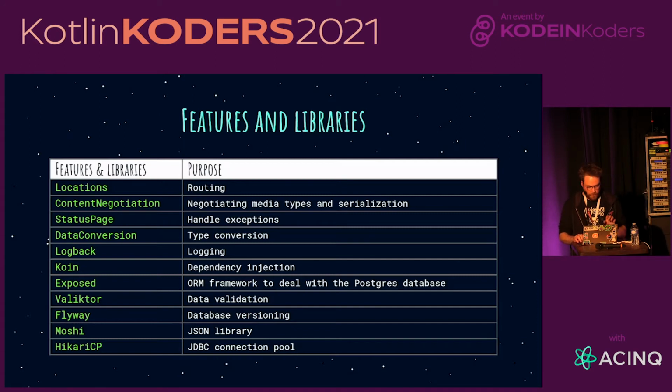Some of the features here are from the core of Ktor, and some of them are third-party libraries. So locations, content negotiation, status pages, and data conversion are from the core of Ktor. And then for the purpose of the microservice, I will use Koin as a dependency injection, Logback for logging, Exposed to communicate with the database, and a validator to validate all the request data.